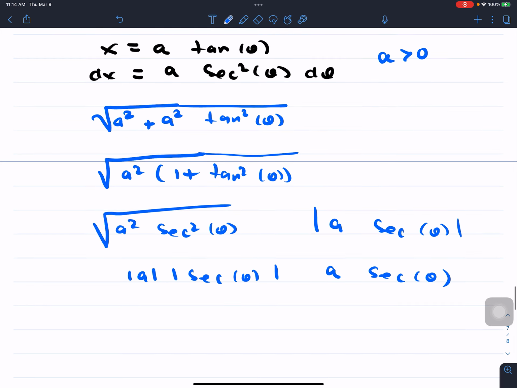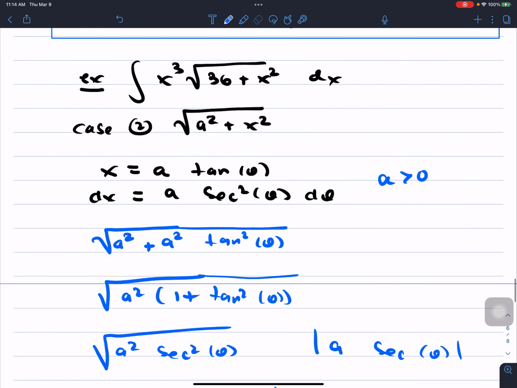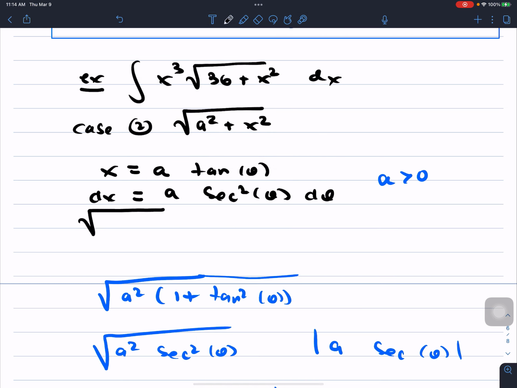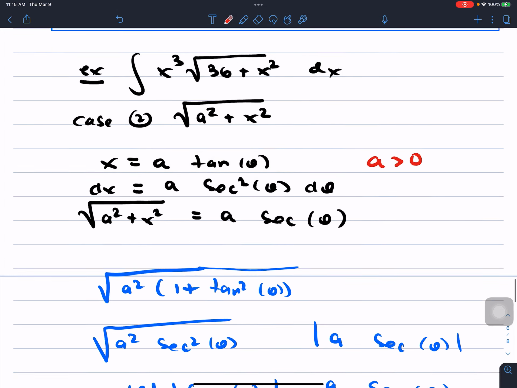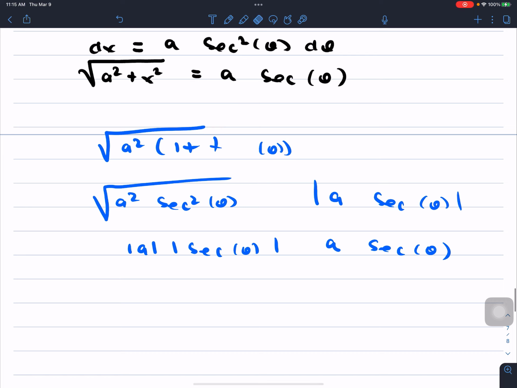So the radical, square root of a squared plus x squared, you can replace with a secant theta.